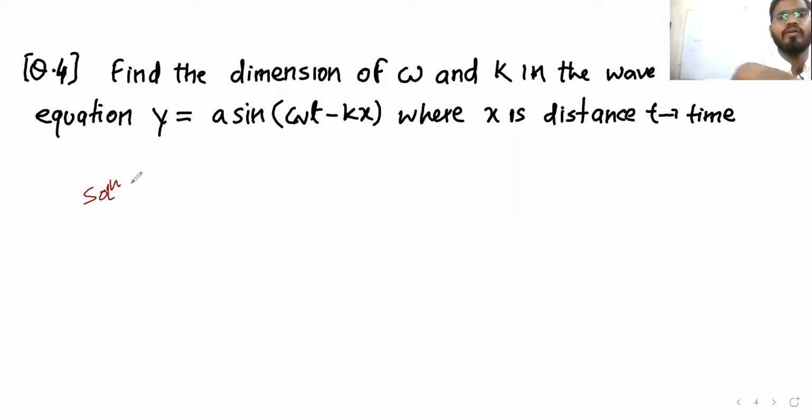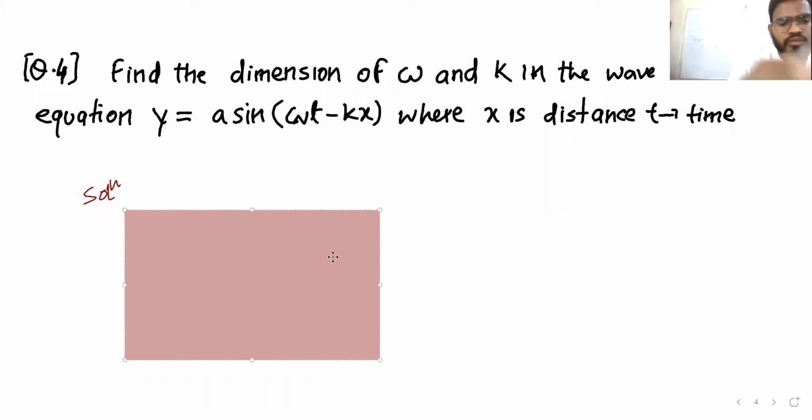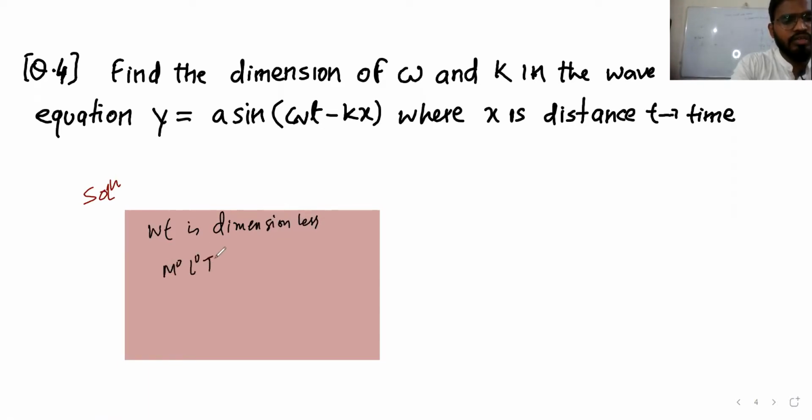Okay. So in the solution we can write omega t is dimensionless. Guys, so we can say M0 L0 T0 is equal to omega t.